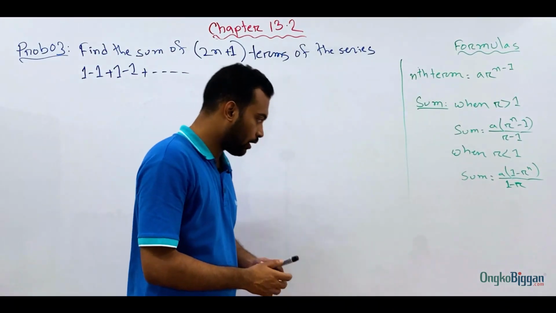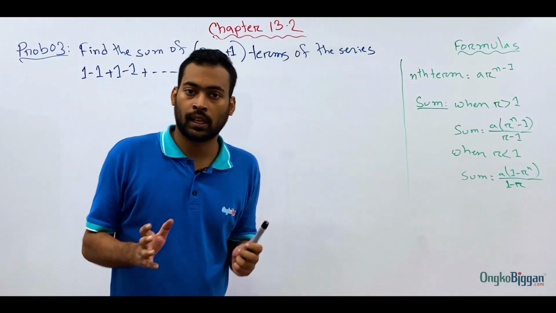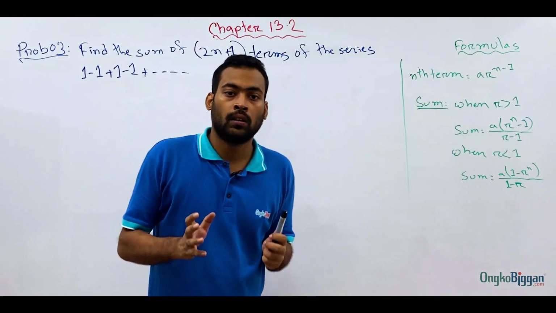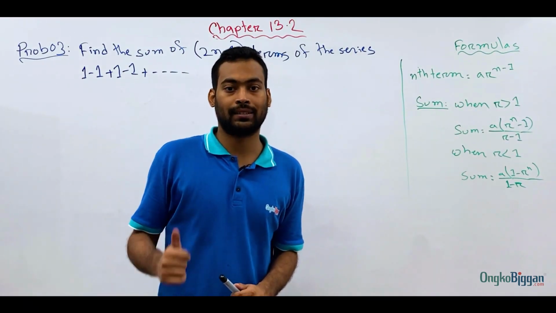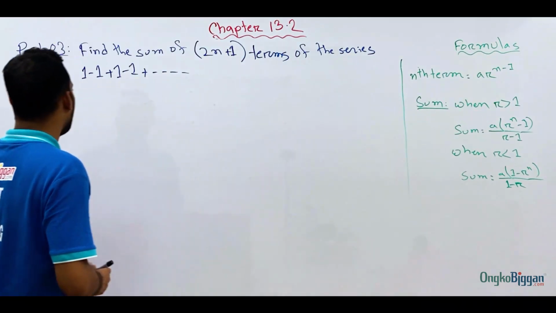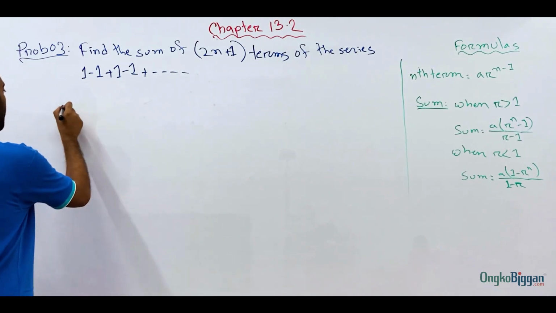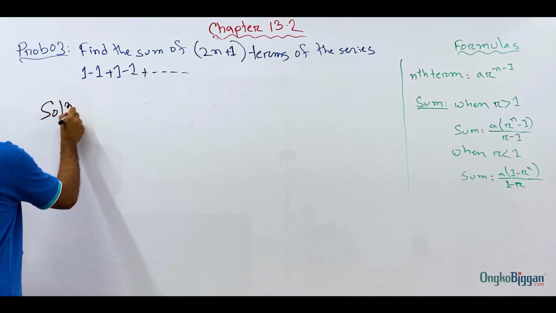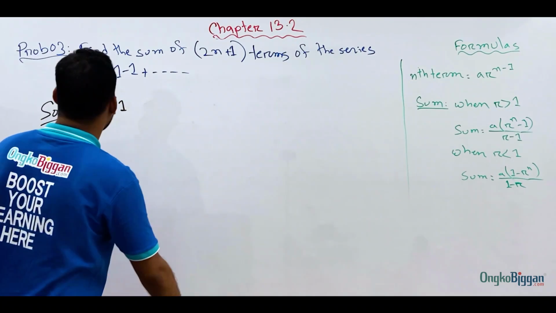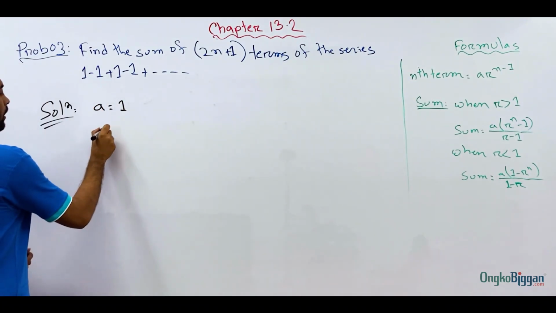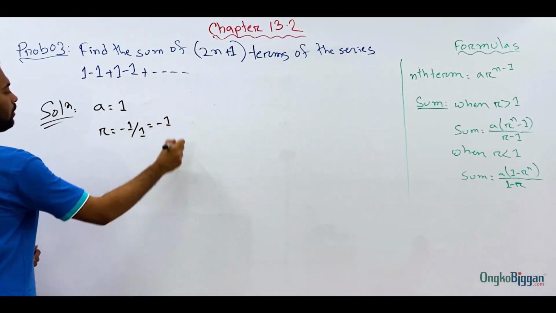So what is the basic that we know? Whenever we are asked to find the sum, we have to check the value of r, whether it is greater than 1 or less than 1. So let's check. The first term of the series is 1, then r is equal to minus 1 by 1, which is equal to minus 1.